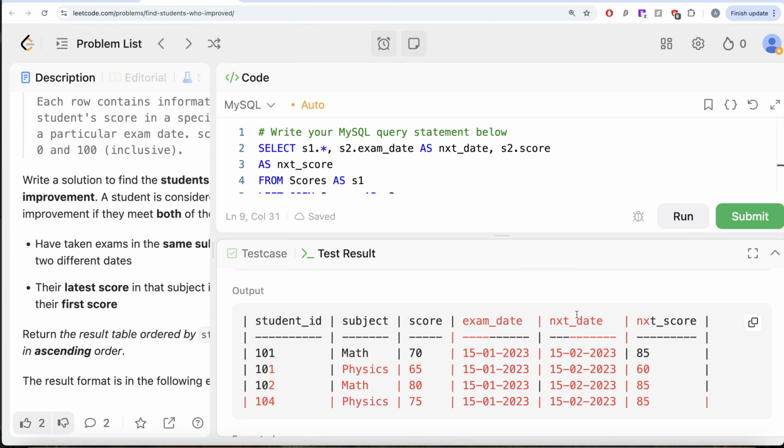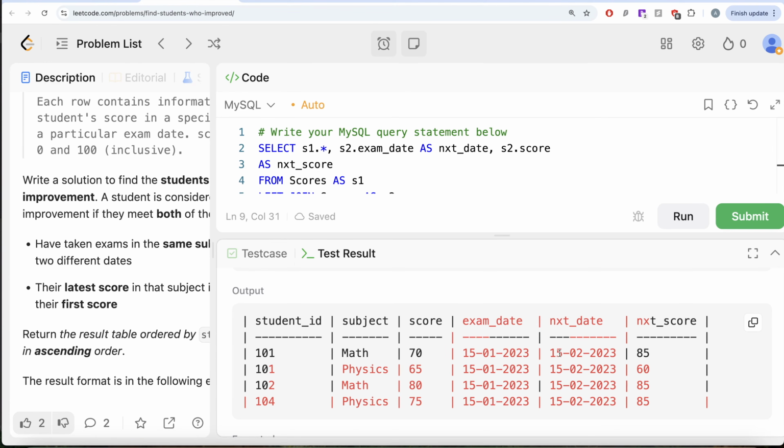How can you do that? You can rank. That is, if you partition by the student ID and the subject, arrange in exam date ascending order, and then by next date in descending order. So think of the example again. Let's say there was another row, same row, right? Where you have 15th of January 2023 for student ID 101 and math, you would have a score of 70.